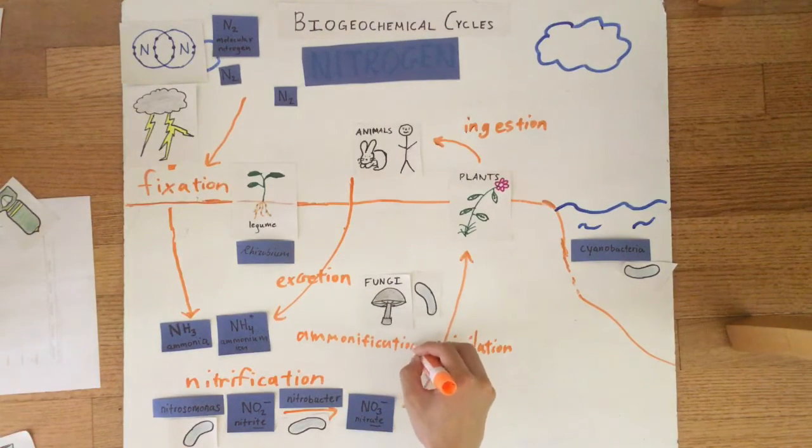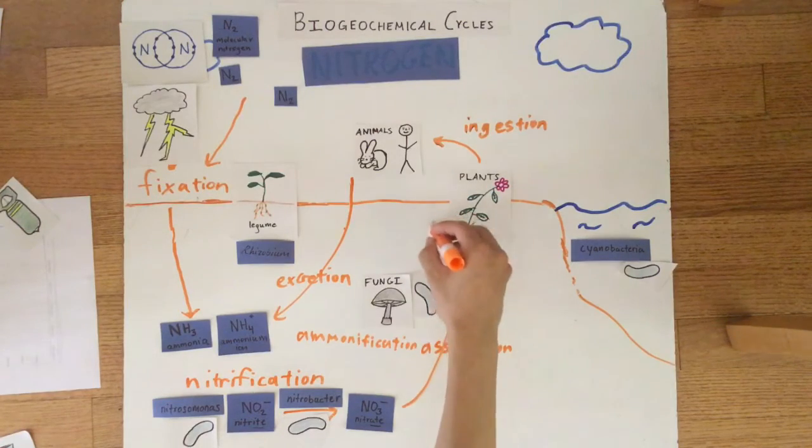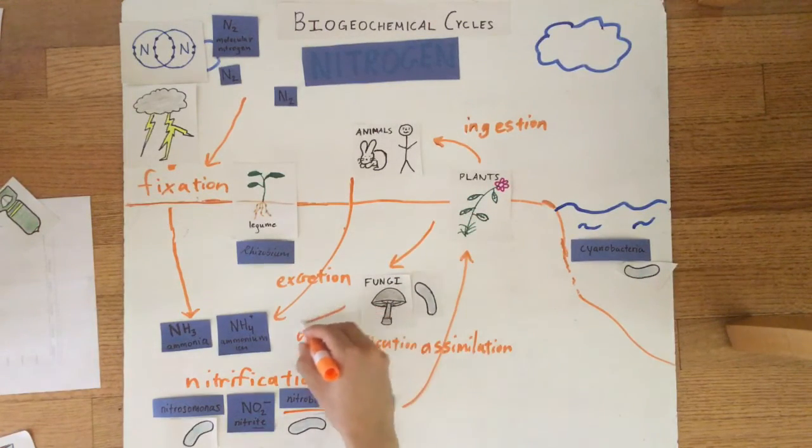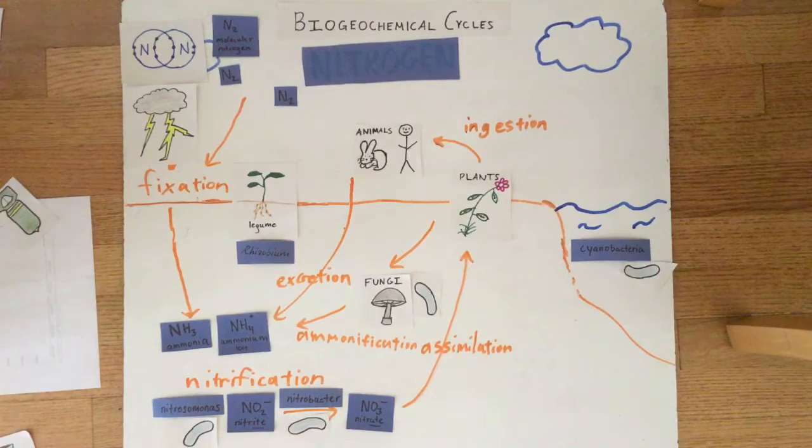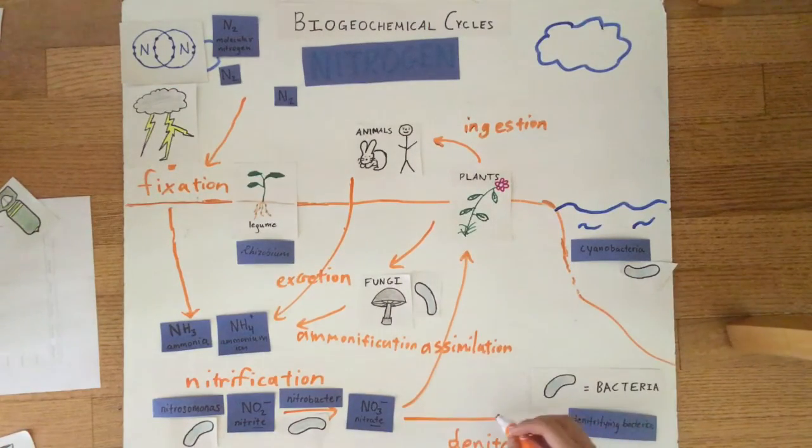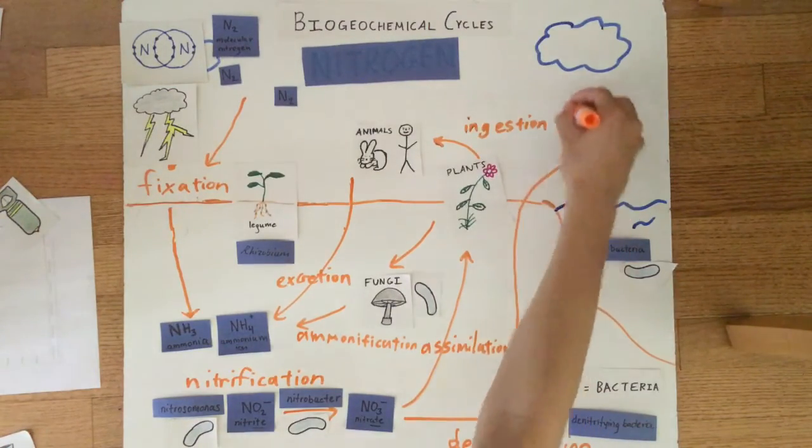The cycle then continues with our nitrosomonas and nitrobacter converting this ammonia back into nitrites or nitrates. In the final step, denitrification, denitrifying bacteria convert nitrates back into atmospheric nitrogen. And this takes us back to the beginning of the nitrogen cycle.